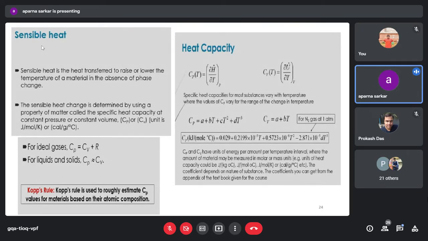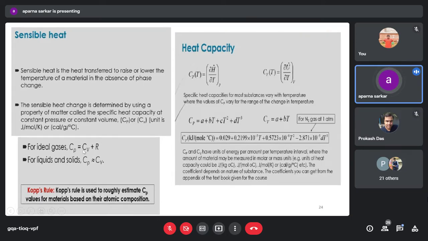The sensible heat change is determined using the specific heat capacity at constant pressure and constant volume. And we have a formula: Cp is equal to Cv plus R. R we know is the universal gas constant, and Cv is the heat capacity at constant volume.